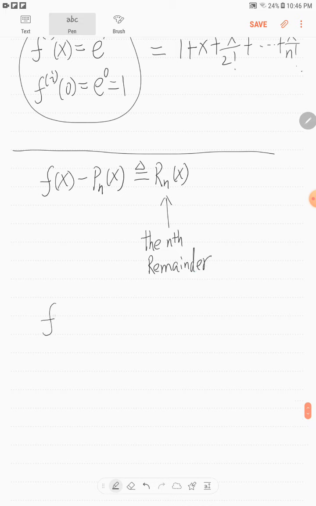So we can also write f of x as equal to the nth polynomial plus the nth remainder. In the next part, we will study this remainder.